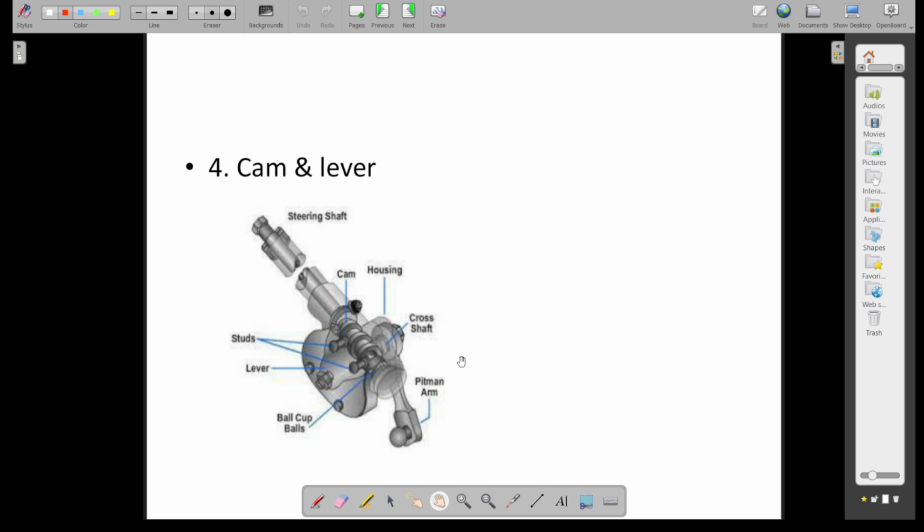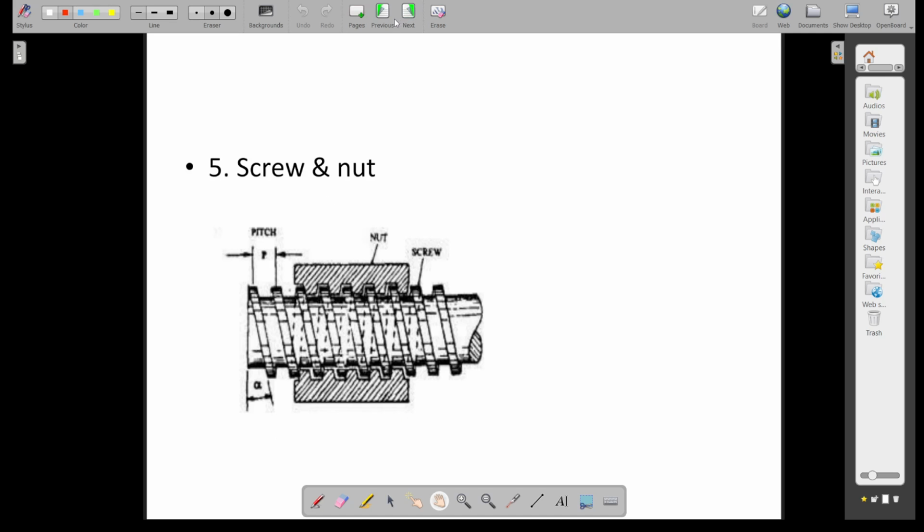Then there is another method, the cam and lever arrangement, in which you give movement to the cam, and from the cam the movement is transferred to the lever. Then a screw and nut. You give movement to the nut, and the screw moves to and fro, and you give movement to the tie rods.